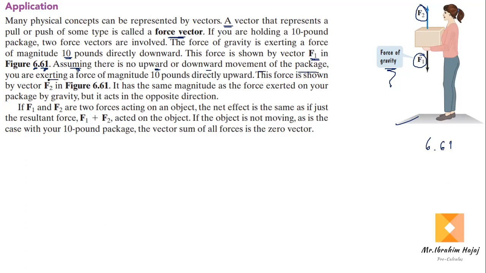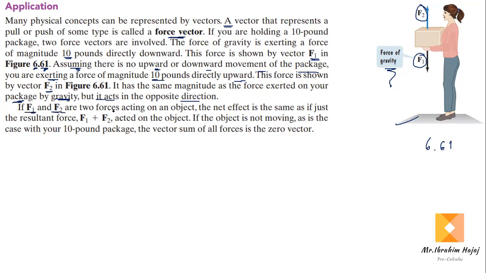You are exerting a force of magnitude 10 pounds directly upward. This force is shown in vector F2, in the same figure. It has the same magnitude as the force directed by gravity, but it acts in the opposite direction, negative 10.